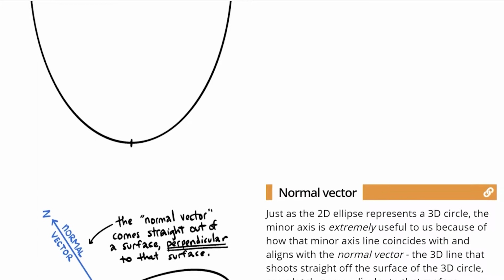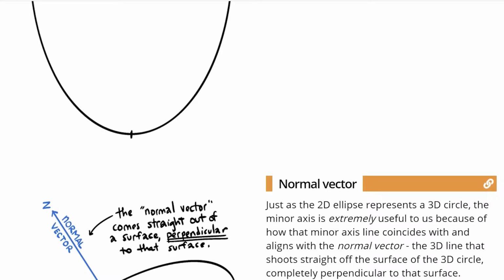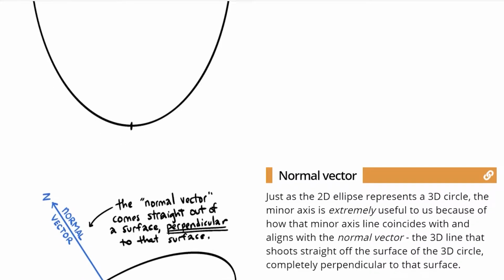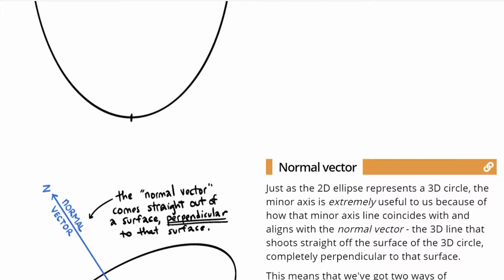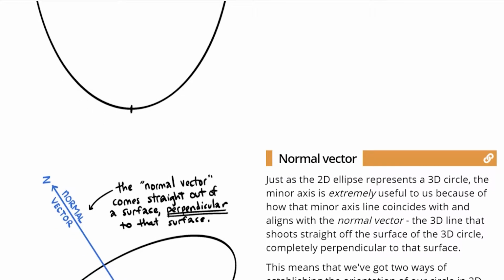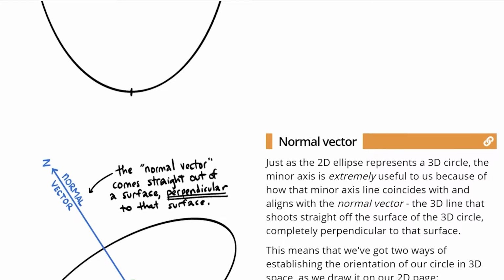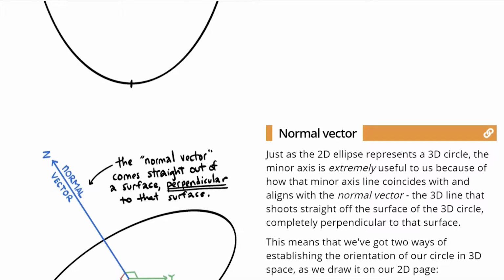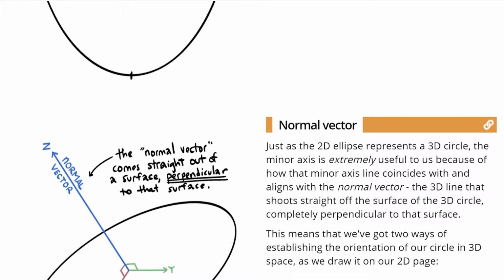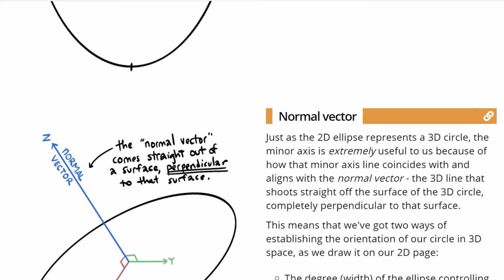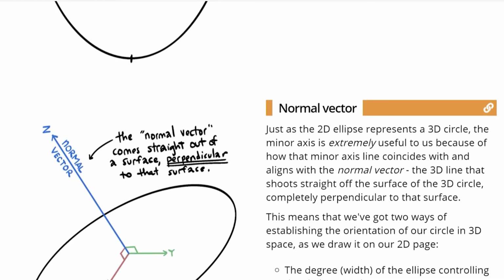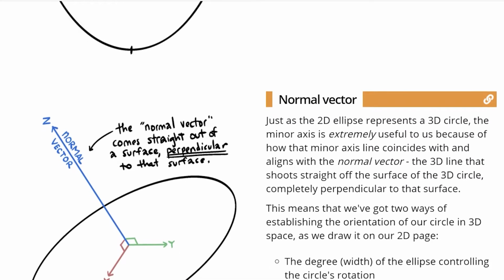Normal vector. Just as the 2D ellipse represents a 3D circle, the minor axis is extremely useful to us because of how that minor axis line coincides with and aligns with the normal vector, the 3D line that shoots straight off the surface of the 3D circle, completely perpendicular to that surface.